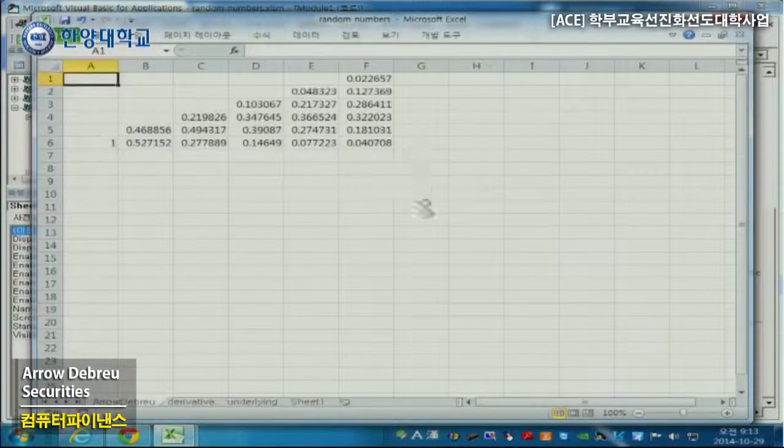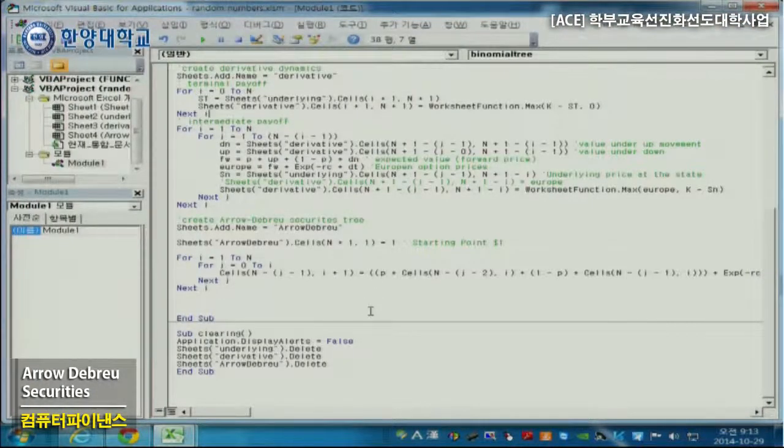So if I run, then I have Arrow-Debreu securities like this. So this is the code for Arrow-Debreu securities.